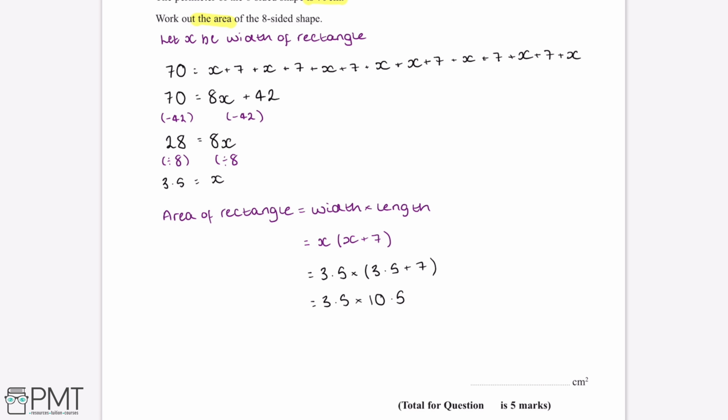And finally 3.5 multiplied by 10.5 gives us 36.25. However, this is just the area for one of the rectangles. So in order to work out the area of the 8-sided shape, which is made up of 4 of these rectangles, we'll need to multiply this value by 4. And this gives us a final answer of 147 centimetres squared.